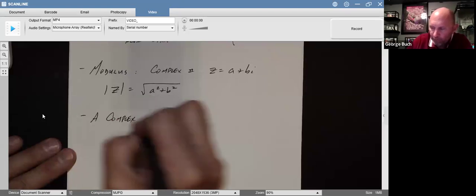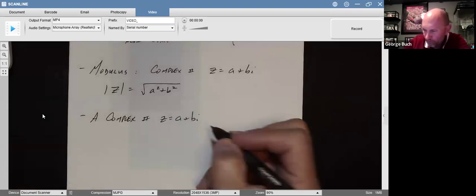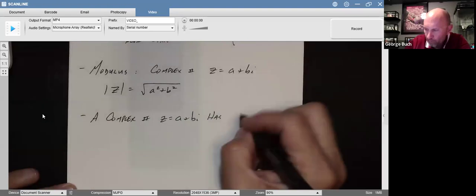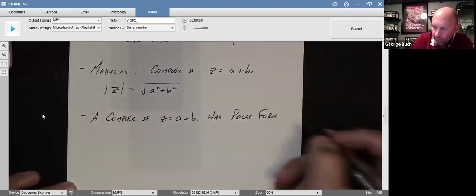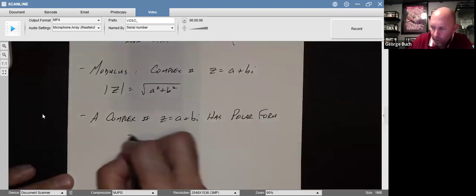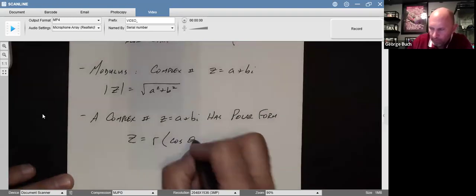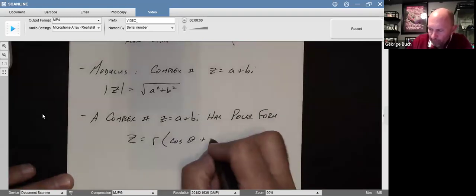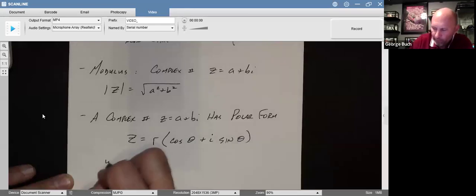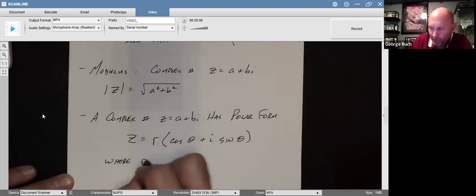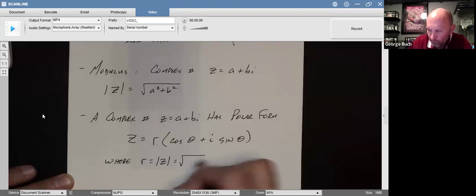A complex number z equals a plus bi has polar form z equals r times cosine of theta plus i sine of theta, where r is just equal to the modulus, what we just found, the square root of a squared plus b squared.